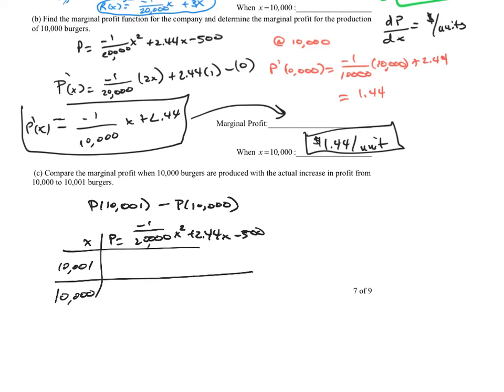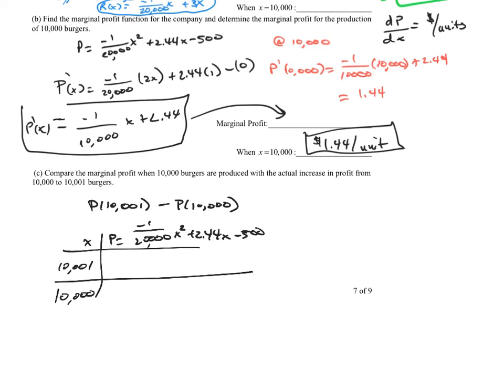Let's see what we get here. I hit table. I hit clear. I type in my function. I'm going to use n over d for the fraction. Negative 1 over, I hit down, I hit 20,000. I hit the right arrow to get out of the bottom of the fraction. I'm going to hit x squared plus 2.44x minus 500. I hit enter, enter.